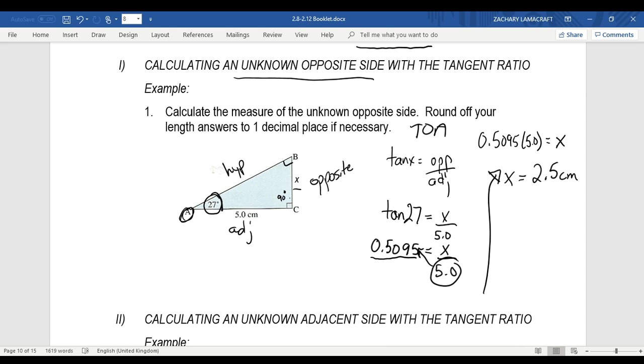Another way to look at it is if I have x over 5, what does that mean? I'm doing what to x? I'm dividing x by 5. Whenever we have a fraction, like 2 over 3, all it means is I'm dividing 2 by 3. So in this case, I'm dividing x by 5.